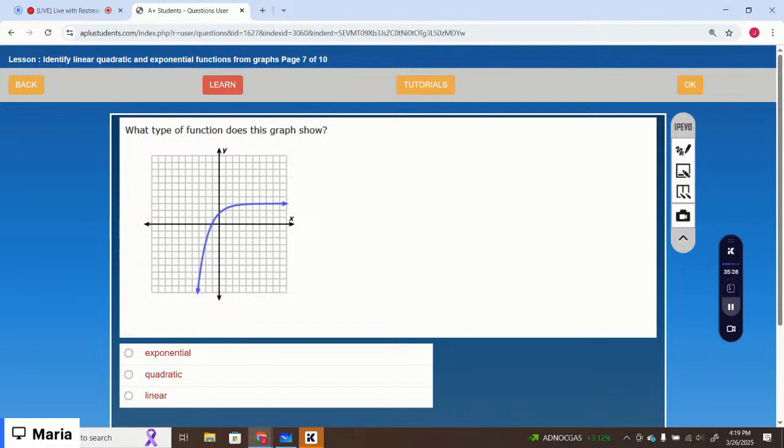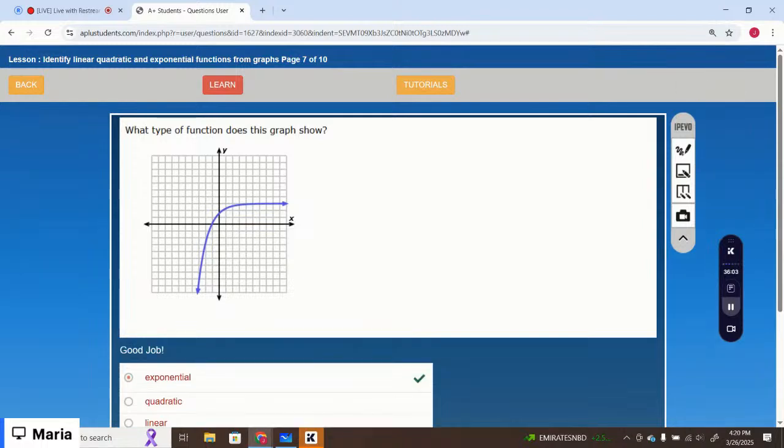What type of function does the graph show? That is the exponential function. Option number 1 is the correct option.